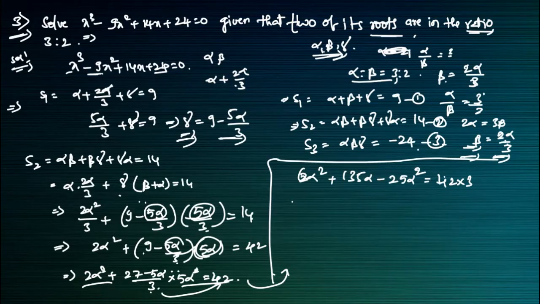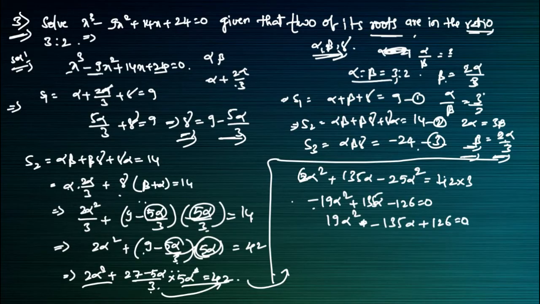So it will become minus 19 alpha square plus 135 alpha plus 126 is equal to 0 here.